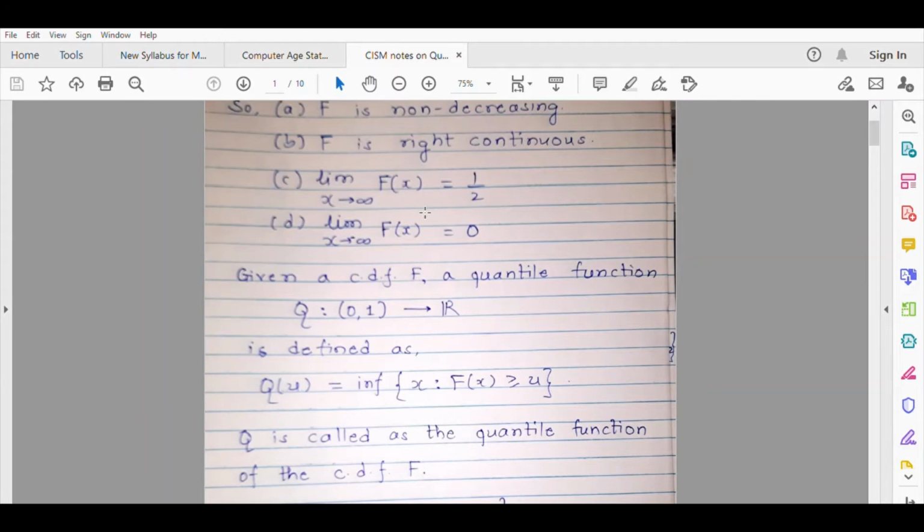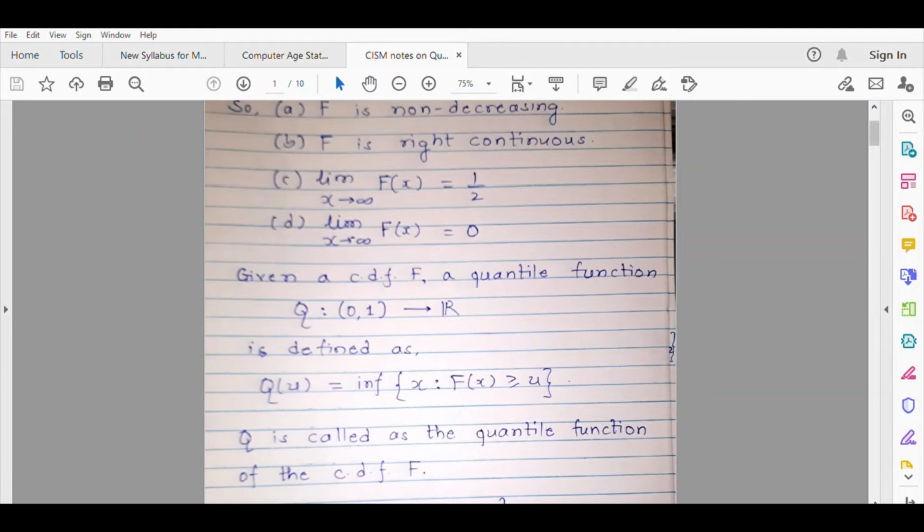If this is the CDF F, then a quantile function Q, which operates on the open interval (0,1) and takes values in the entire real line, is defined as Q(u) equals the infimum of all x such that F(x) is greater than or equal to u. Such a function Q is called the quantile function of the CDF F.